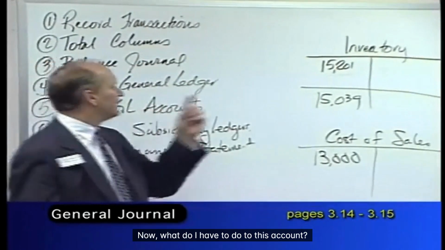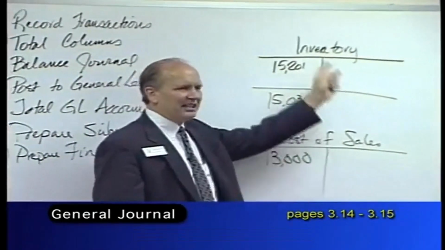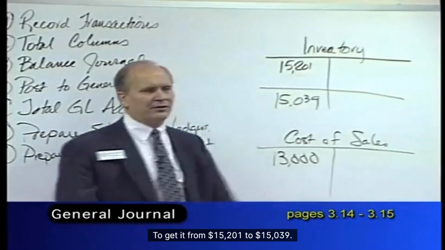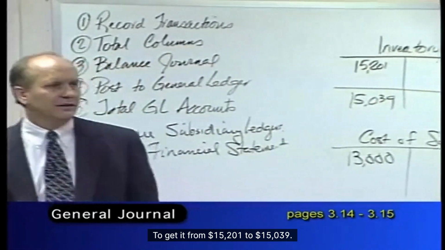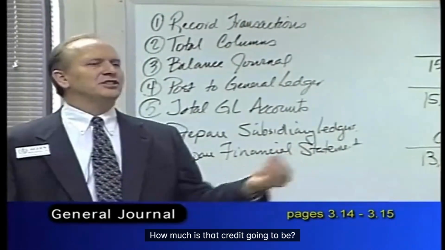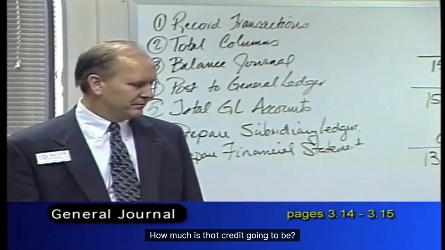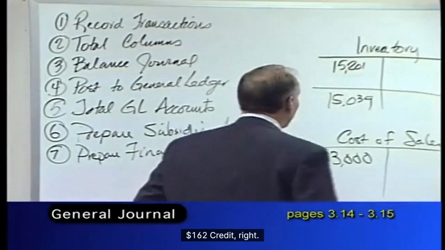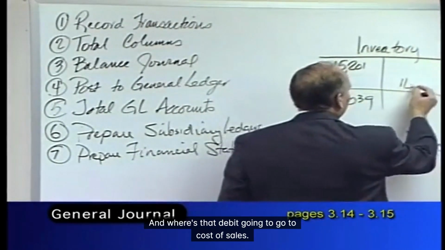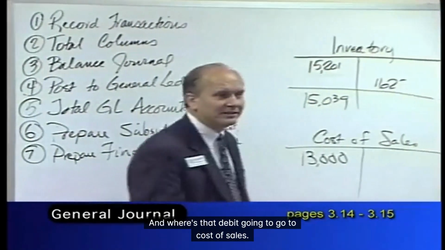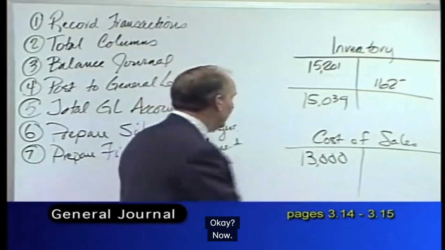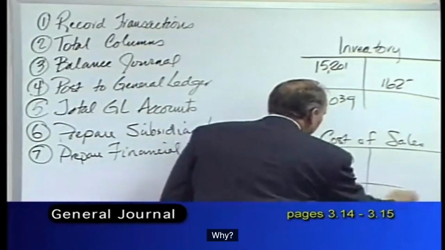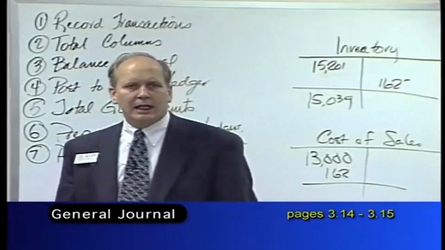Now, what do I have to do to this account to get it from $15,201 to $15,039? I need to make a credit. How much is that credit going to be? $162 credit, right? And what's that debit going to go to? Cost of sales, okay? Now, why?